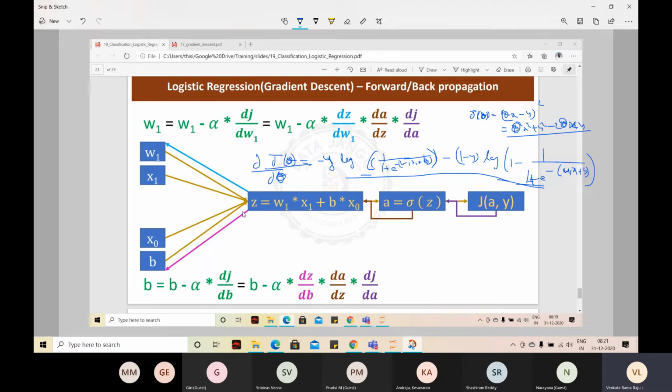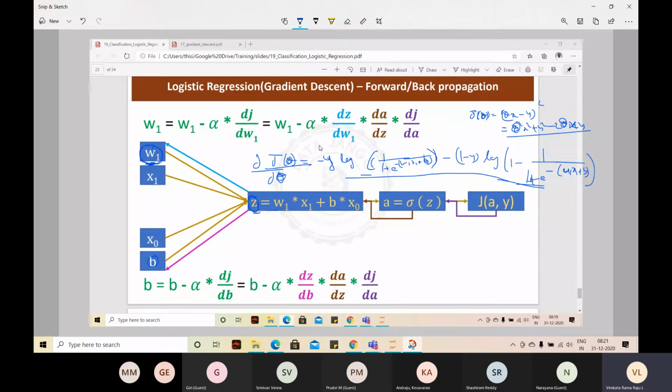So, what is the chain rule? When you change W1 or B1, the first function which is going to get affected is Z. Derivative means the rate of change at which the function changes when the values are changed. If you change 1 unit in W1, how many units in J will change?